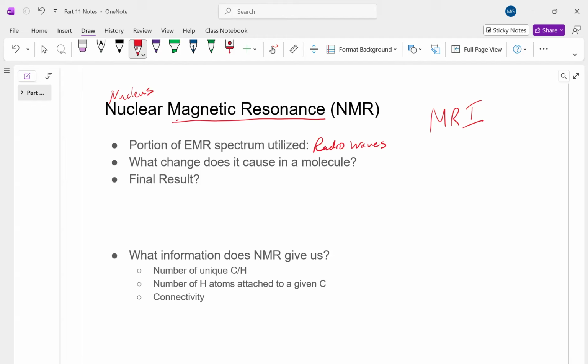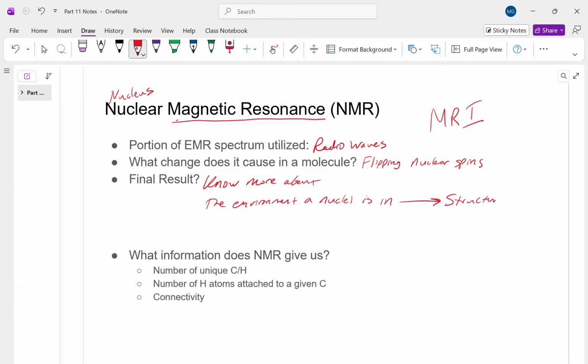And in this case, for NMR, what we're going to be measuring is the energy change involved in the flipping of nuclear spins. And the final result is that we get to know more about the environment a nuclei is in. And ultimately, that's going to lead us to the structure of the compound.